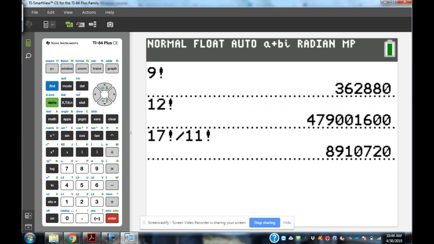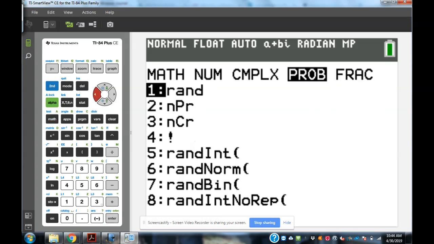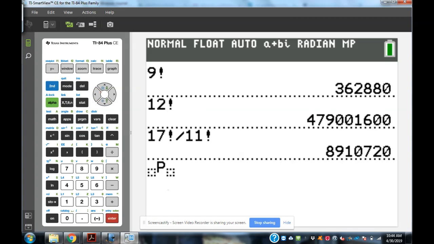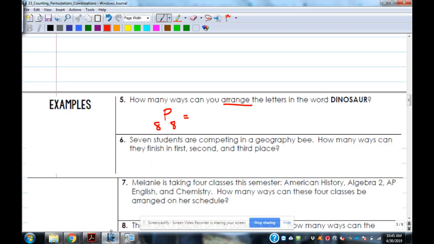To get it to do that formula instead of you having to do it by hand, hit the math button, go over to probability again, and look at number 2. It's nPr. That's exactly what you want it to do. So I'm going to select nPr, and then I'm going to put in 8 for the number of objects and 8 in my arrangement, and 40,320, which we already knew that 8 factorial was that number because we did that on the previous example.